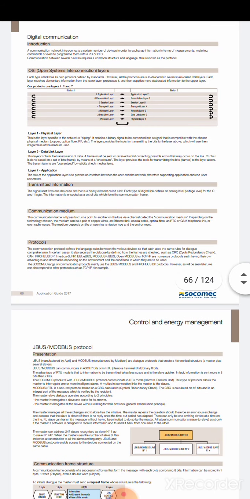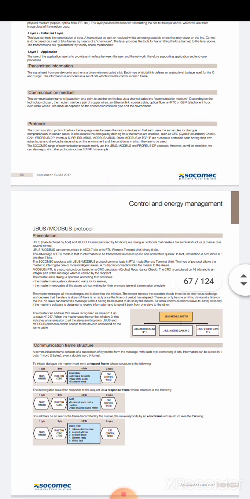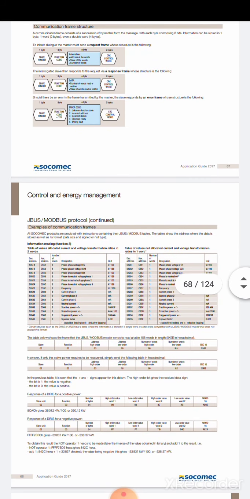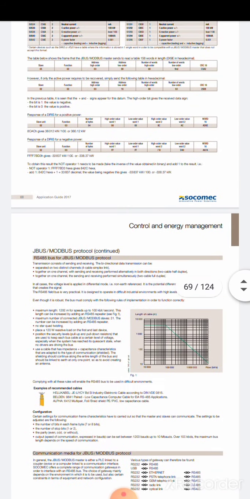So we talked about the physical layer, data link layer, application layer, then the medium, the protocols, the presentation, all these things, and yeah, this is what it is.